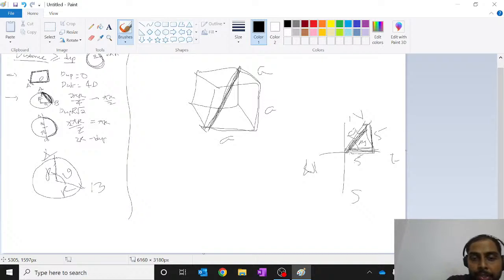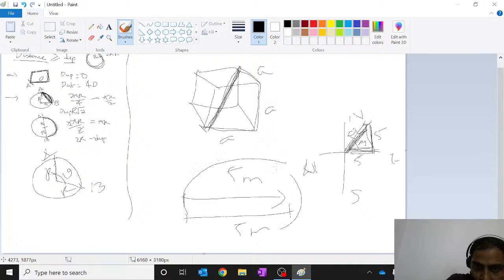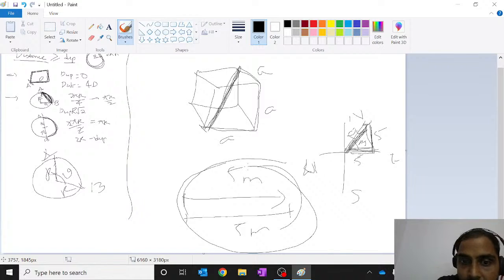Similarly, if I am traveling from A, 5 meters towards east, and in the similar length you're coming back again by 5 meters, your displacement is 0. Your displacement for this case is 0, but the distance is 5 plus 5, 10.